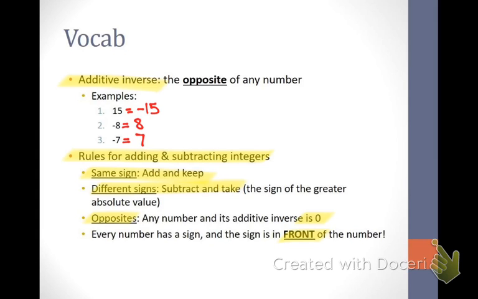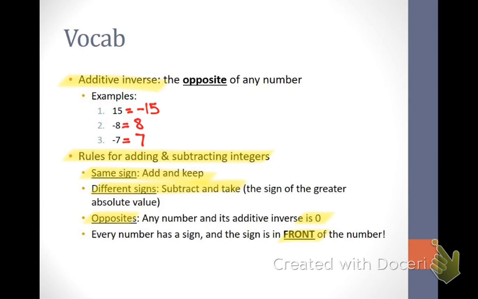So when I'm adding and subtracting integers, and we're going to see more examples of these rules in the next couple of examples, but you just need to have them written down for now. Same sign, add and keep, different sign, subtract and take. All right, so what is this rule about opposites? Any number and its additive inverse will always equal 0.